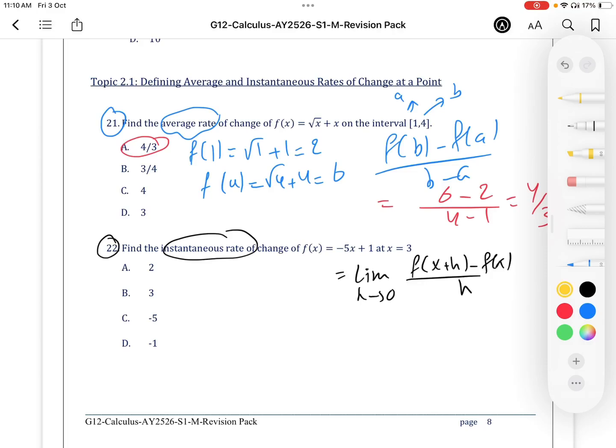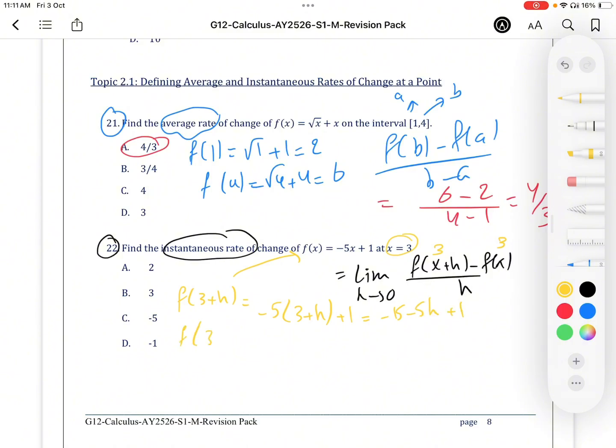And remember the x is 3. So we're going to find f of 3 plus h. We replace, instead of every x, 3 plus h. So negative 5 bracket 3 plus h plus 1. Simplify: negative 15 minus 5h plus 1.